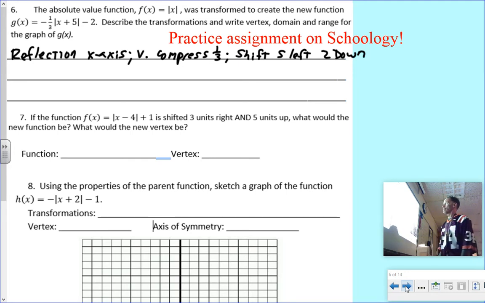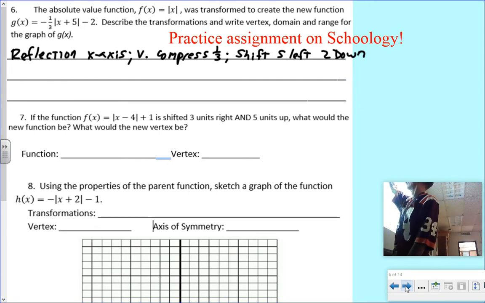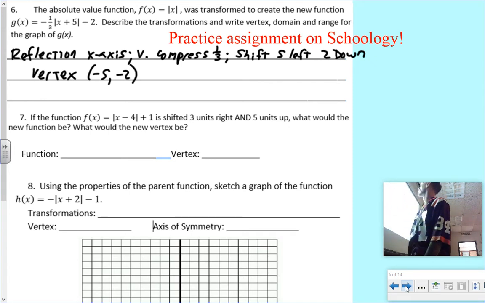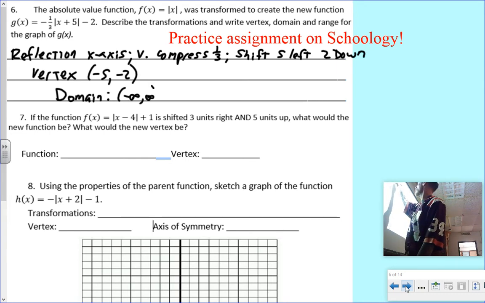Now the vertex, remember the vertex is just going to be H and K always. So my vertex, my H is going left, so -5, down 2, so -2. Domain is a freebie, always the same thing. Range, again, you've got to be careful on this one.